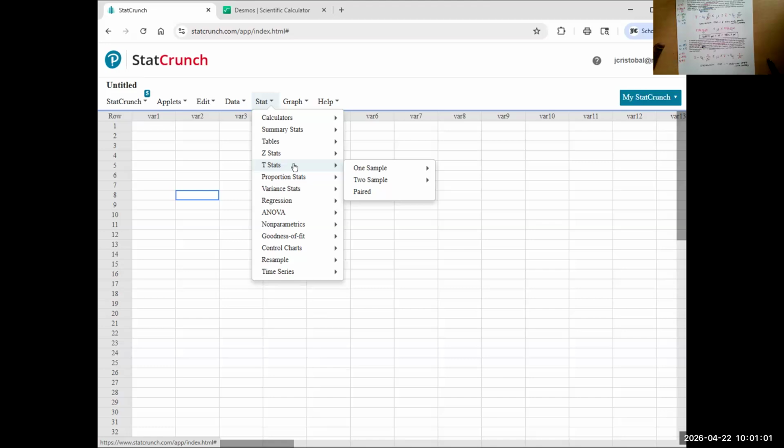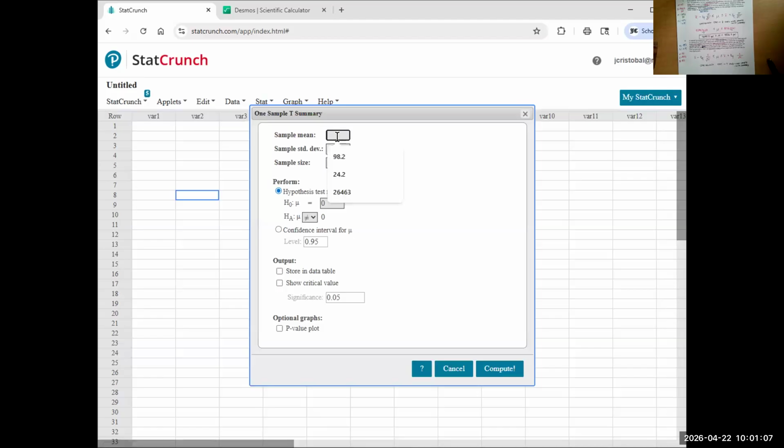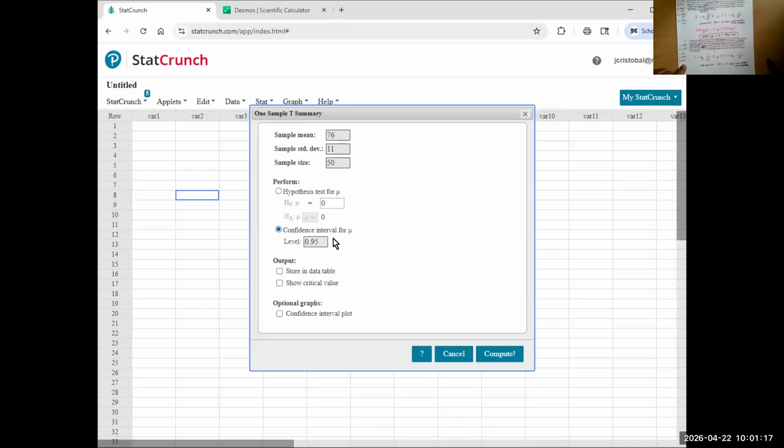If you start to put that in, it's very similar, just keep track of which distribution we're using. So now our sample mean, you saw it, is $76 that they're spending. The sample standard deviation, $11. The sample size, those 50 guests. We'll make it a confidence interval. Now we're doing 99% confidence.